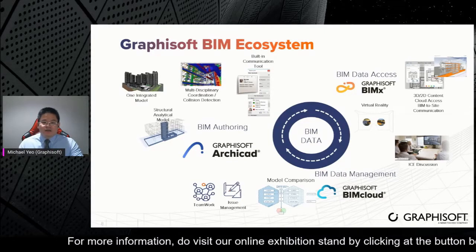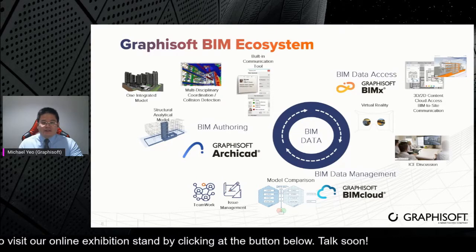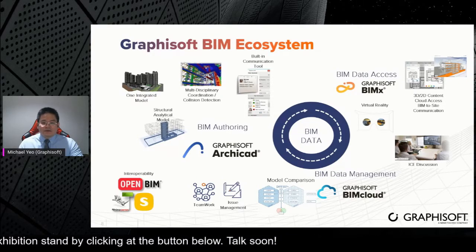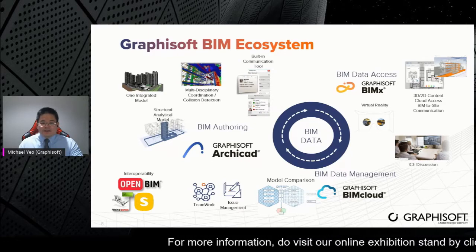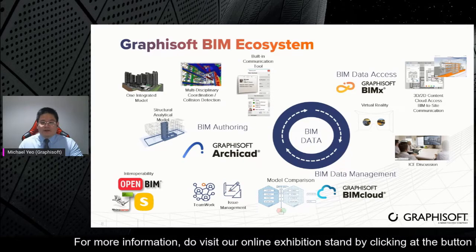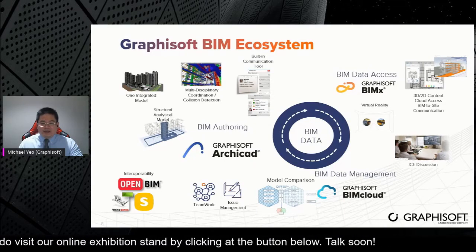BIM Cloud, our digital platform to facilitate data flow and integration. And last but not least, interoperability. Our digital platform supports Open BIM that speaks the same language when you're working with any other supported platforms.